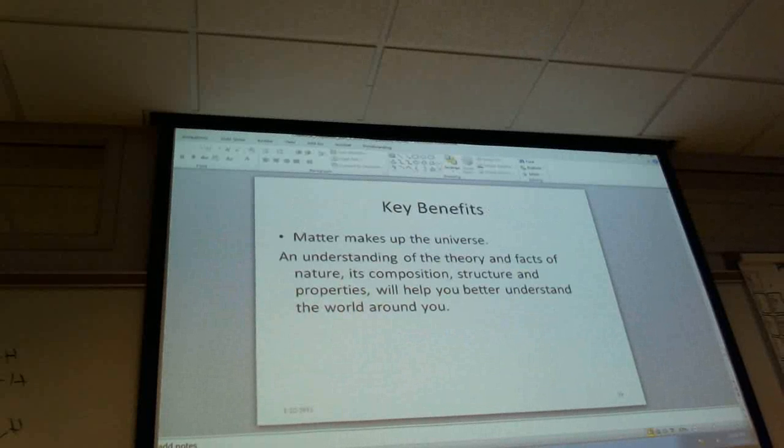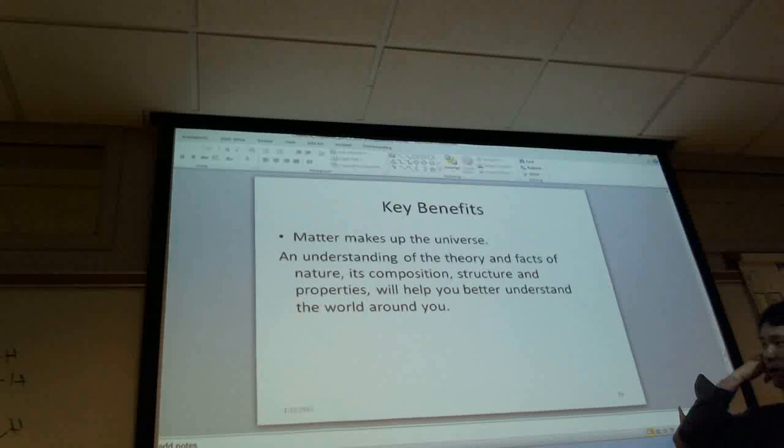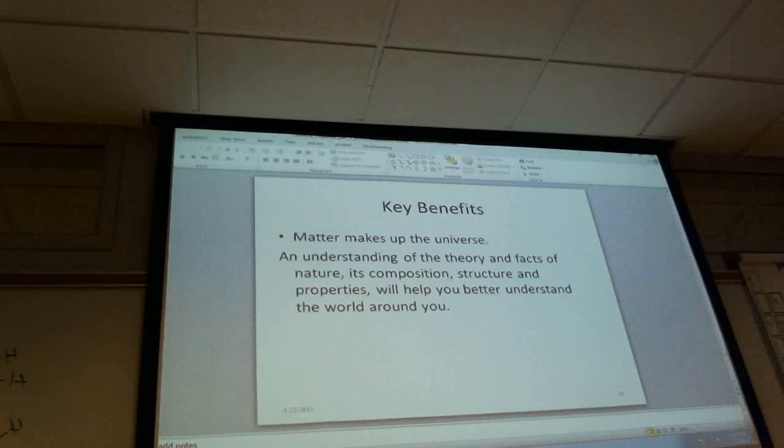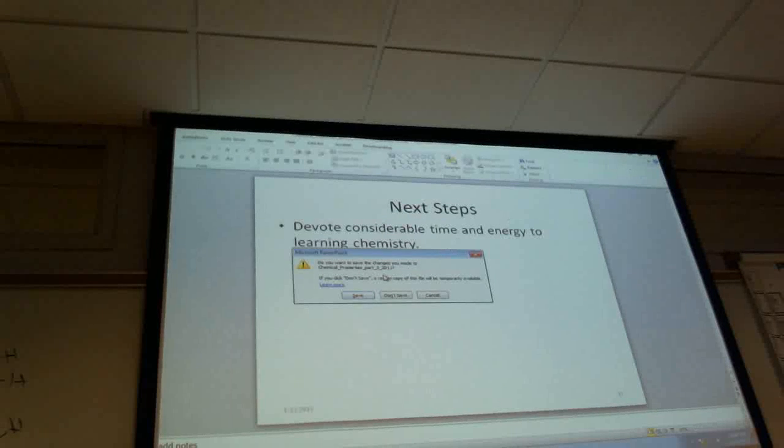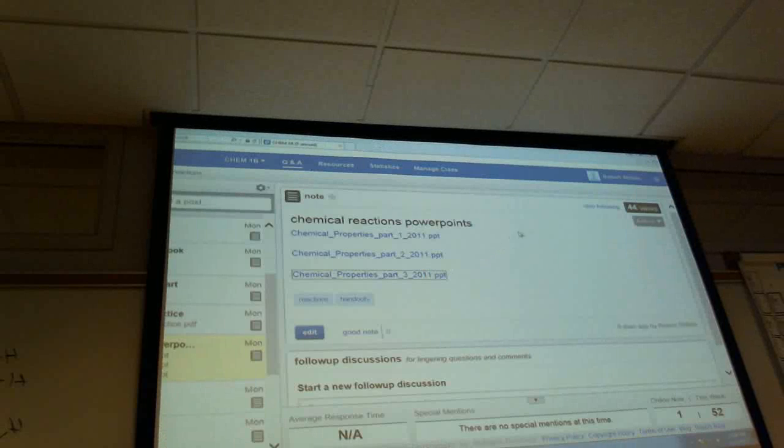Matter makes up the universe, so an understanding of the theory and the facts of nature, its composition, structure, and properties will help you better understand the world around you. Unfortunately, this takes a lot of time and energy to learn. So that's the review of reactions here.